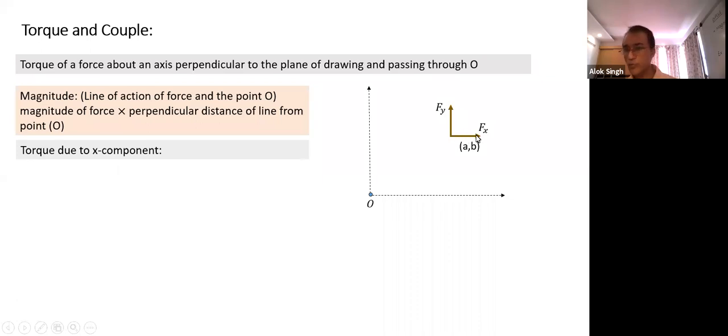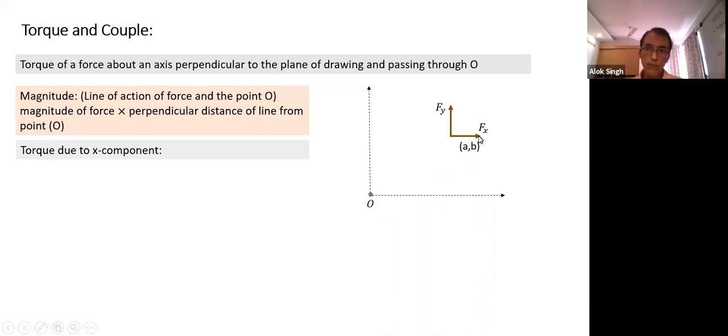Any force we can resolve into two components, Fx and Fy. What is the torque due to the x component of force about point O? Can you all calculate the magnitude? Two things we have to keep in mind: one, the line of action of the force, and the point. This is the line of action of force, and this is the point.